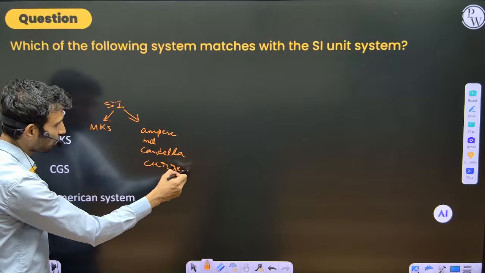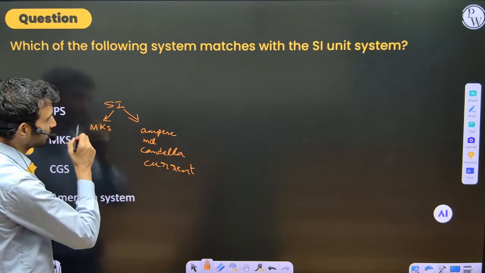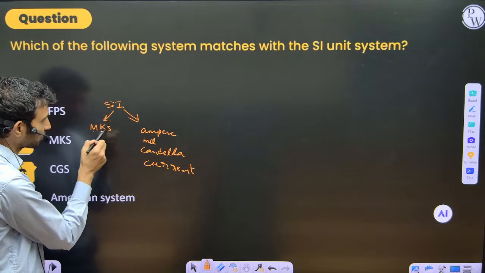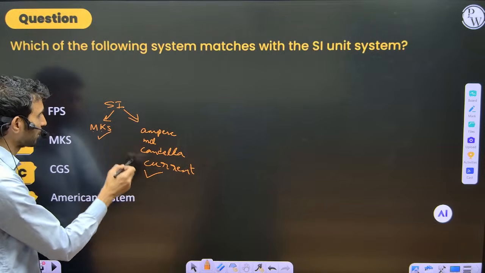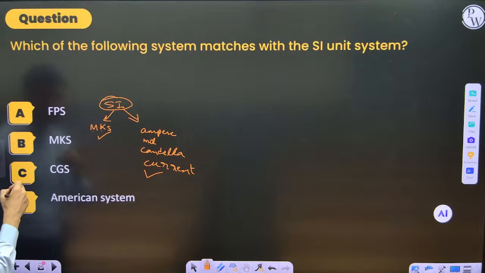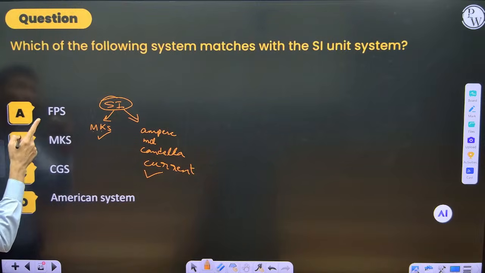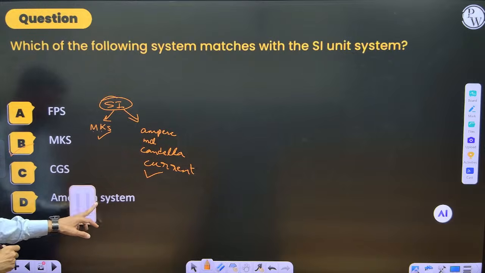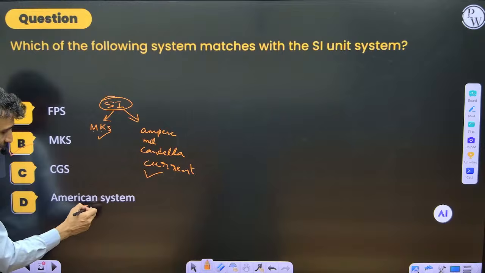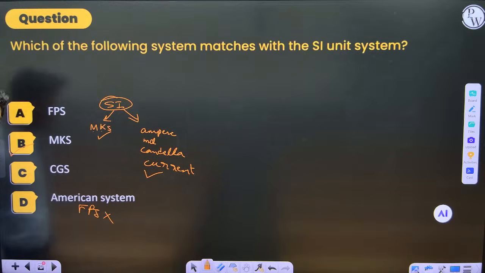So these are all seven. MKS has got three: meter, kilogram, second. This and these combined together make the SI system. So MKS is similar to the SI system. The American system is your FPS, which we don't use. Take this one.